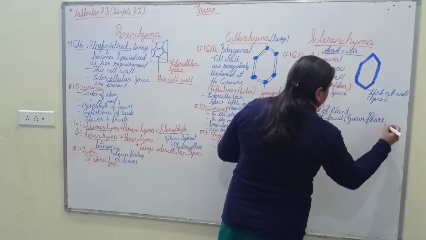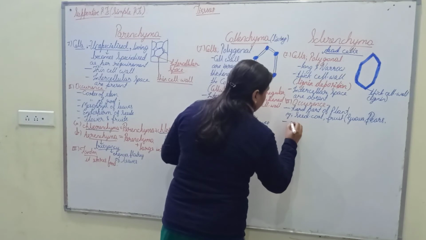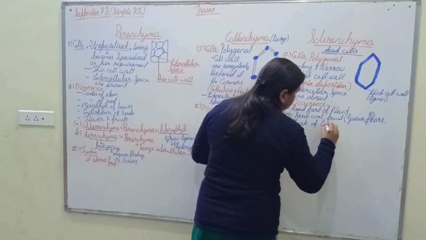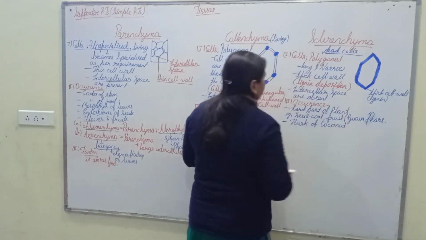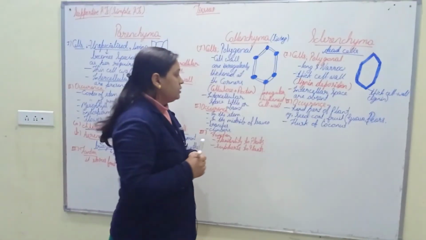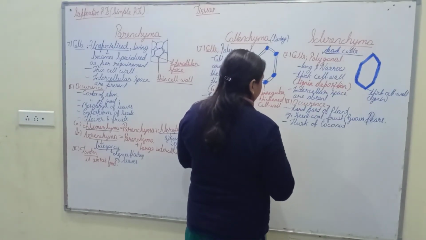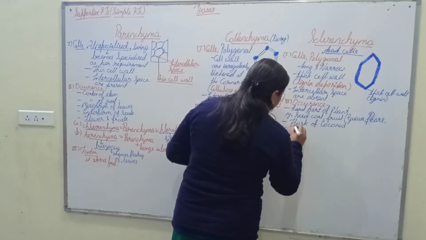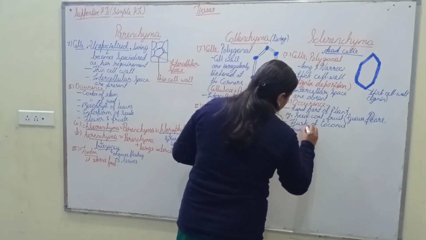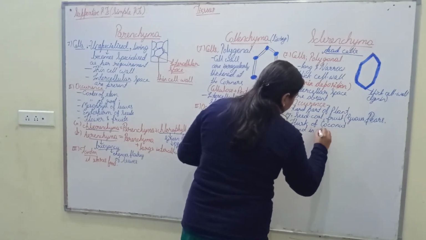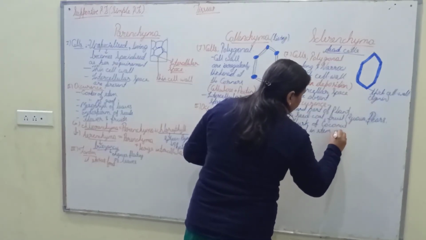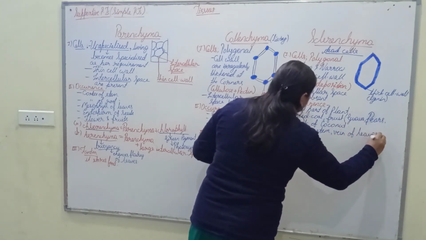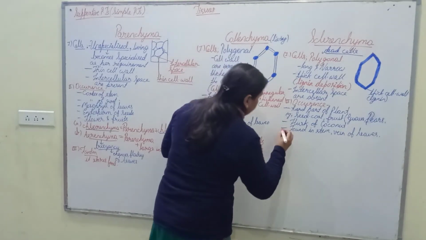The husk of coconut is also an example of sclerenchymatous cells. Husk of coconut, hard part of plant, is found in the stem and veins of leaves. Now the function of the sclerenchyma.